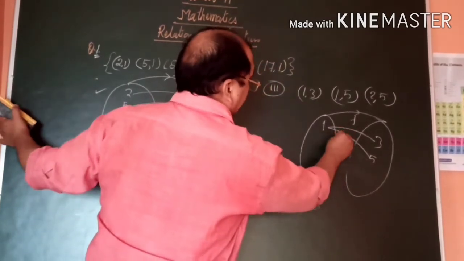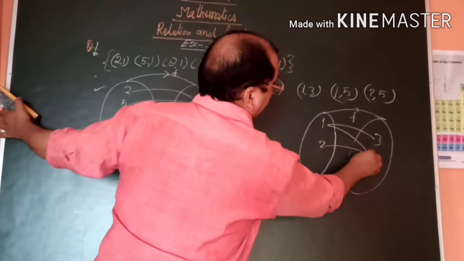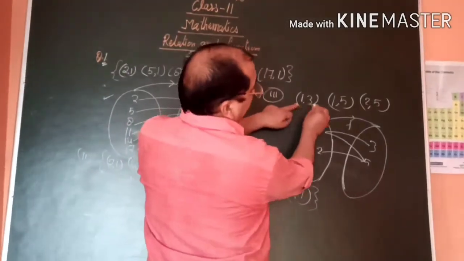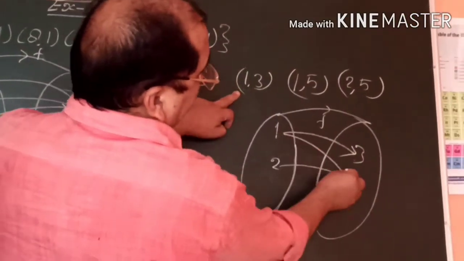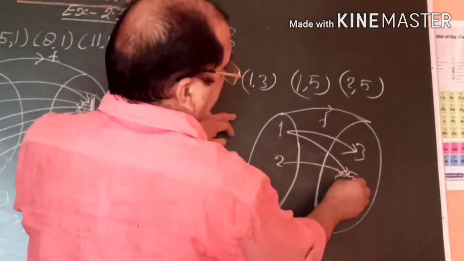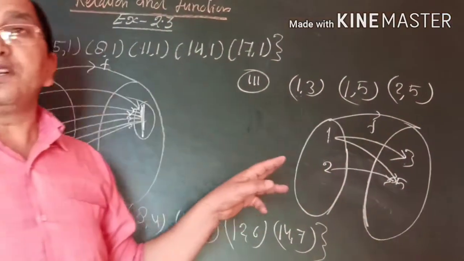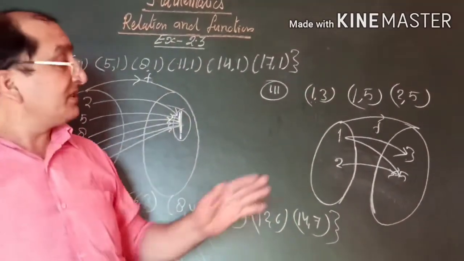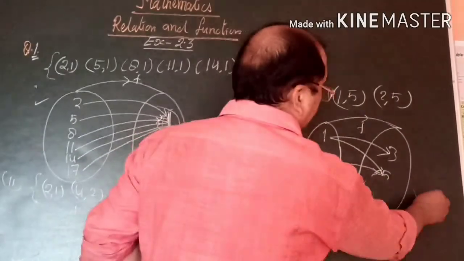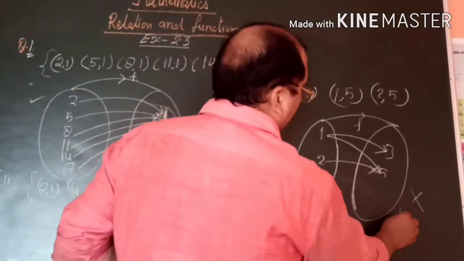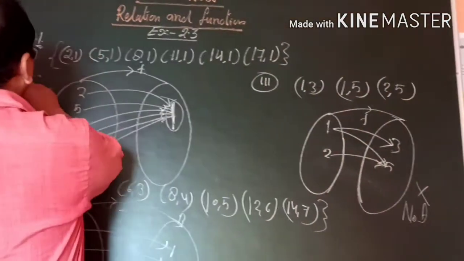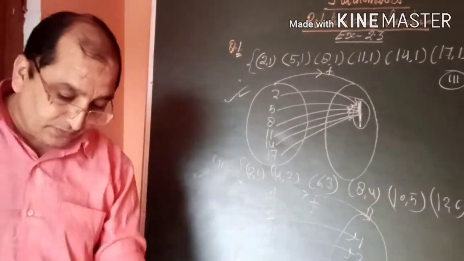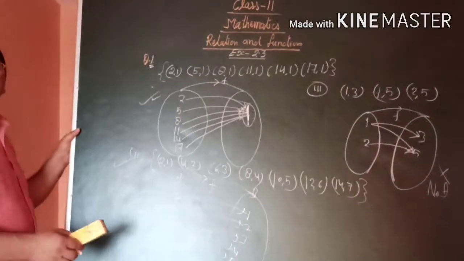According to the given question, 1 has the image 3 and 1 again has the image 5, and 2 has the image 5. It means such a function is not defined, because if any one element has 2 images in the ordered pairs of the second set, then this type of function is not possible. So this is not possible, and the first and second are functions, but the rest are not functions.